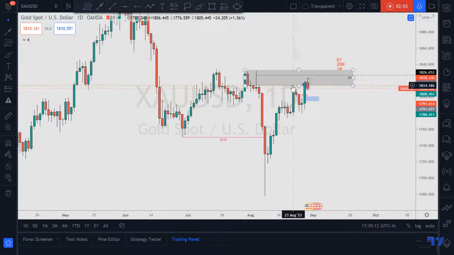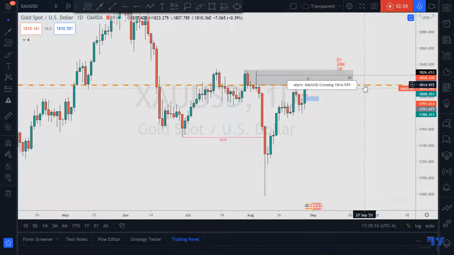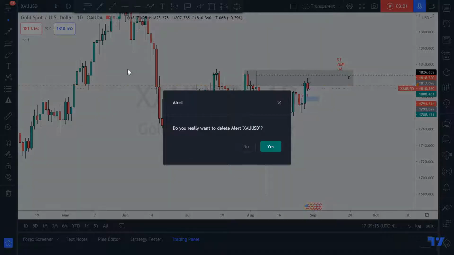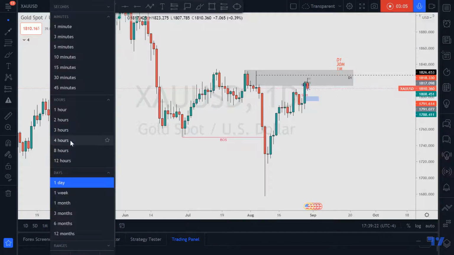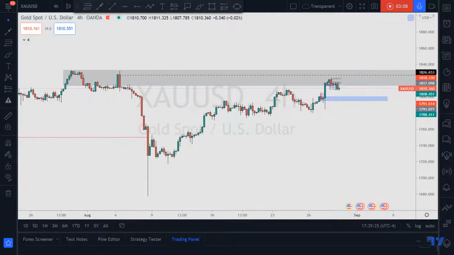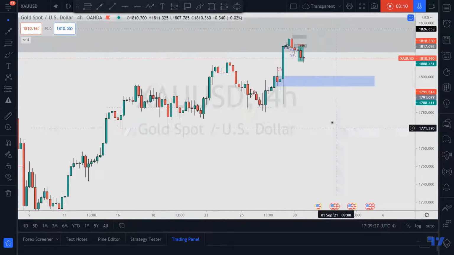Then once price alerts you that it hits there, you go to the lower time frame, to the 4 hour, and you want to see the price action in a little more detail.